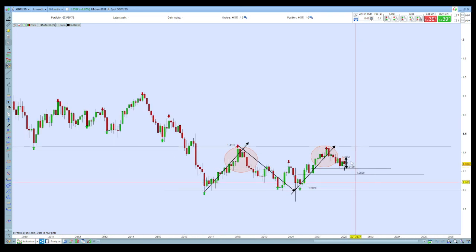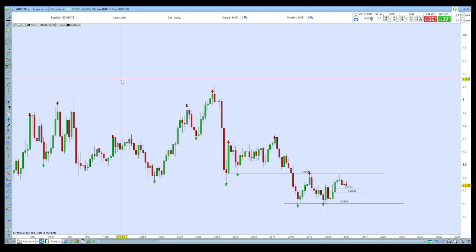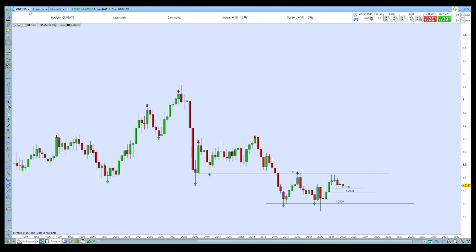Yeah, okay, so that was those two markets on the quarterly, of the euro and British pound. Let me take this out. Okay, so we can see we are in the bearish momentum.